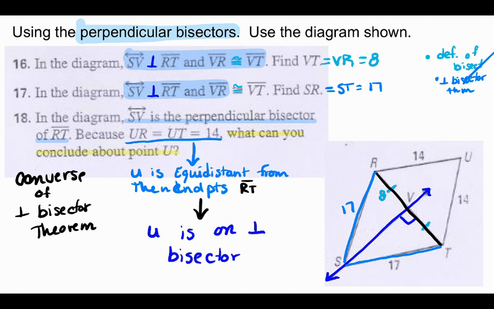So this means that our point U is actually on the line SV. So our conclusion here is that point U is on our perpendicular bisector. So if you were to extend the perpendicular bisector, point U would actually be on it.